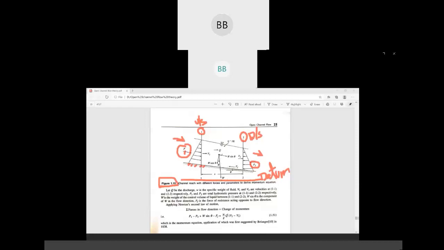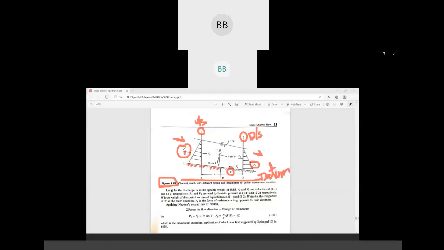So if this is your perpendicular, then it will make some angle with your bed of the channel. As your bed of the channel and your datum line are not parallel, it will make some angle. And this theta is nothing but your slope, the bed slope of the channel.